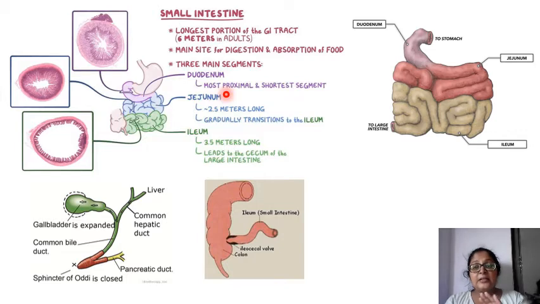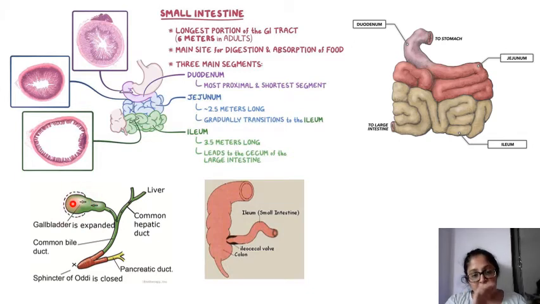Among the parts of the small intestine, the duodenum is the most proximal and the shortest segment, 25 centimeters long, placed around the head of the pancreas. Here we can see the pancreatic duct, the common hepatic duct from the liver, and the gallbladder, which is expanded.